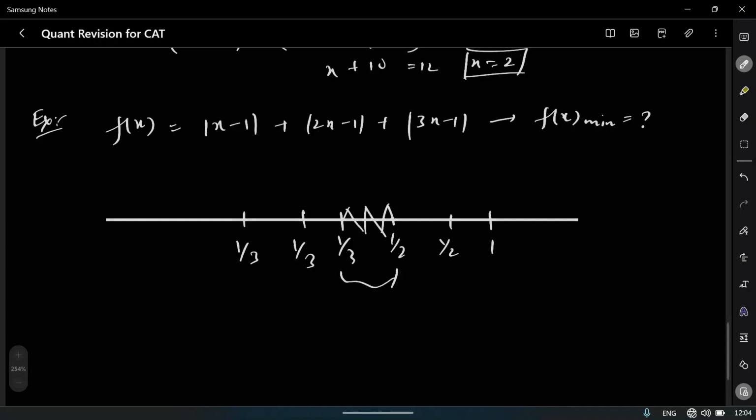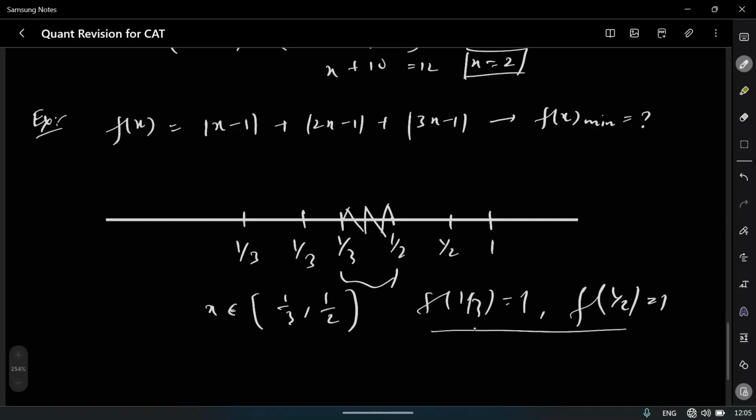So f of x is minimum when x belongs to the closed interval 1 by 3 to 1 by 2. f of 1 by 3 is 1, and f of 1 by 2 equals 1. So for any value between 1 by 3 and 1 by 2, f of x is minimum. So we can solve it in this way.